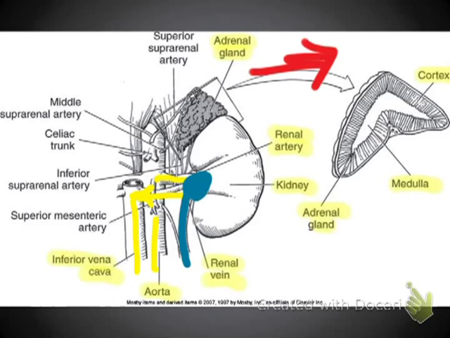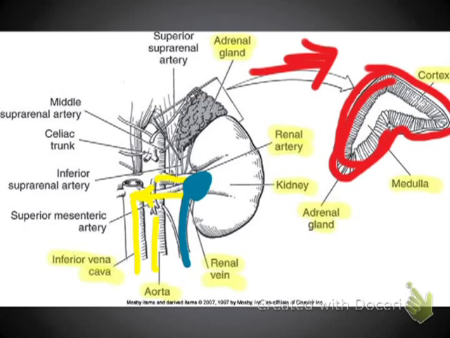As we can see, if you did a cross section of it, it almost looks like a Y, or an upside down Y. We have the outer portion, which is pretty much all of this, which is the cortex.